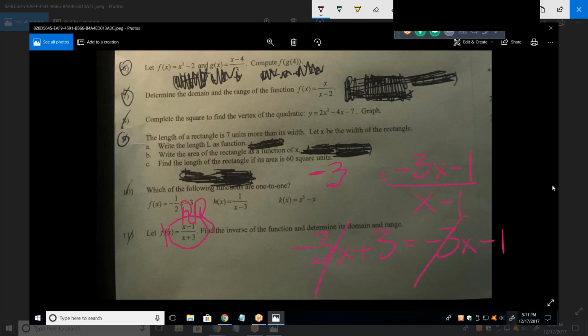Like the domain of that is all real numbers except x equal 3. That's easier than saying -infinity to 3 in union with 3 to infinity. It's just easier to say all real numbers except 3. So between you and I, we can talk like that. I won't take points off because you don't put it in interval notation.